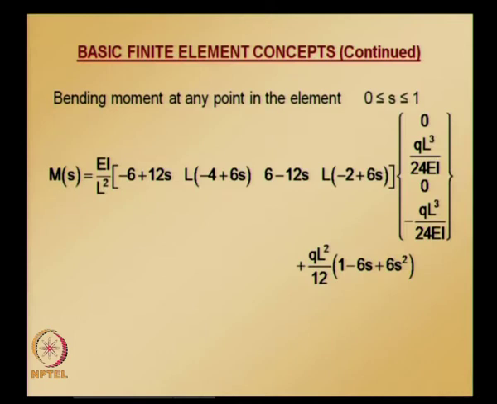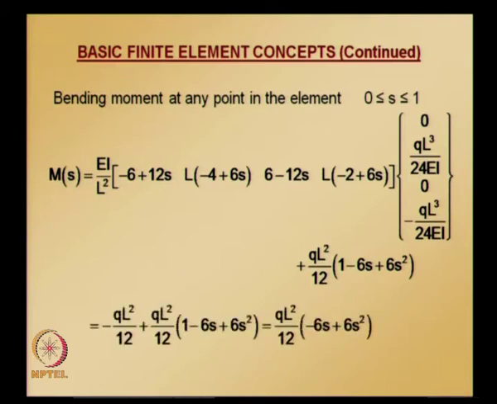So maximum moment is going to occur at mid span, and mid span moment is obtained by substituting S equal to again 0.5, and sorry, this is the moment expression simplified.